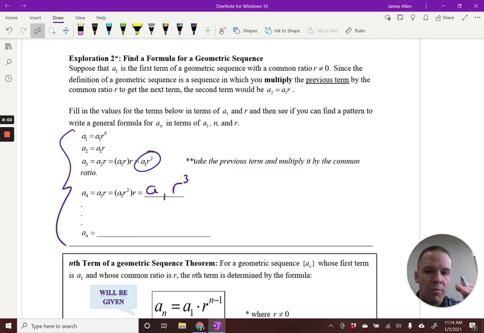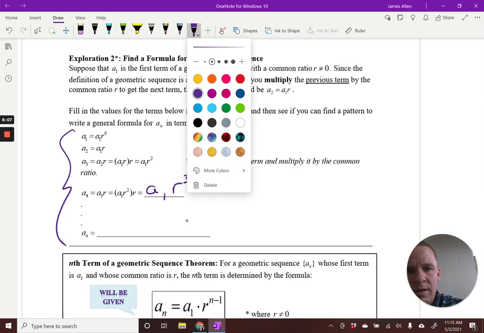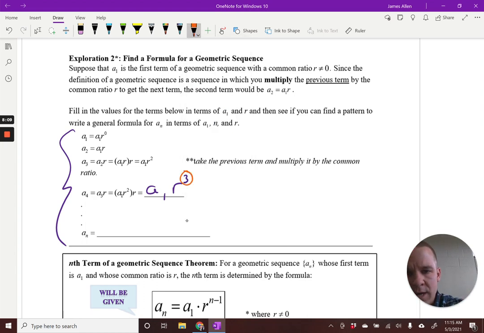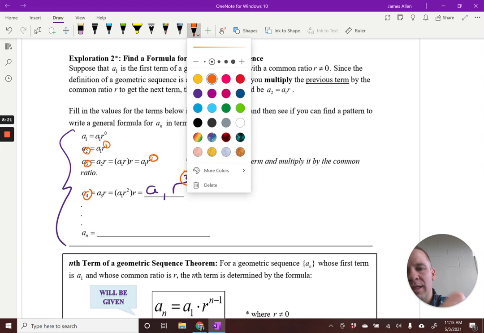And that pattern would continue on. But what do we notice here about the exponent? This, that'd be a 1 right here. And then it's always 1 less. Always 1 less.